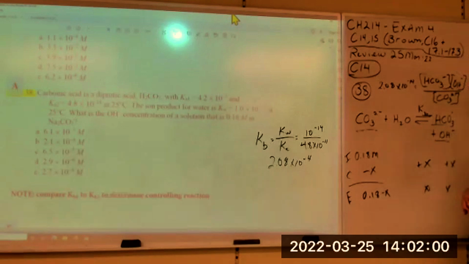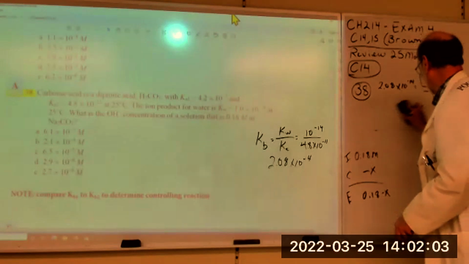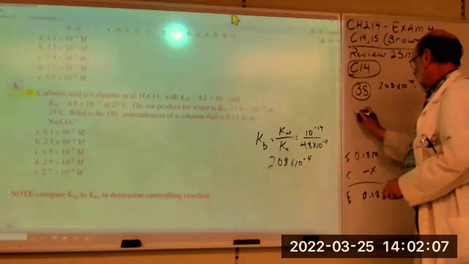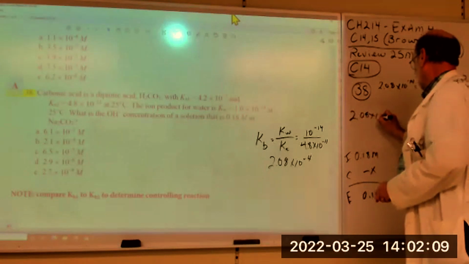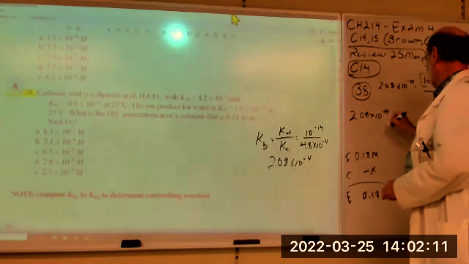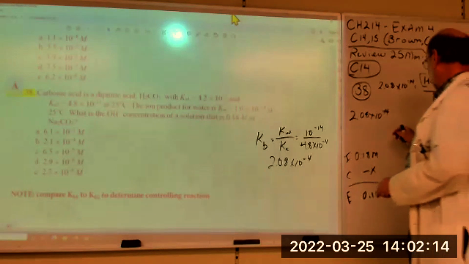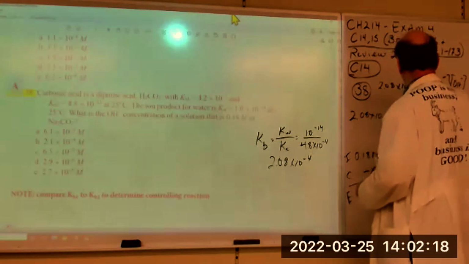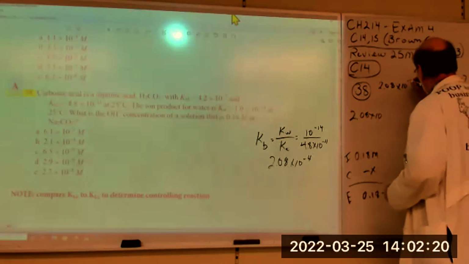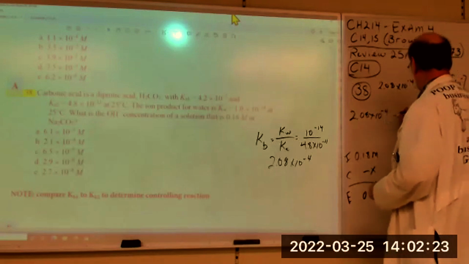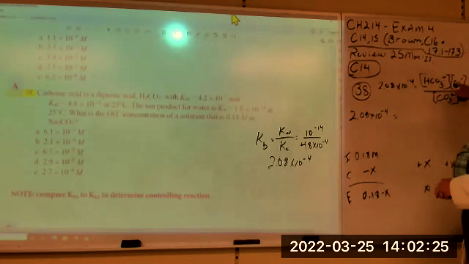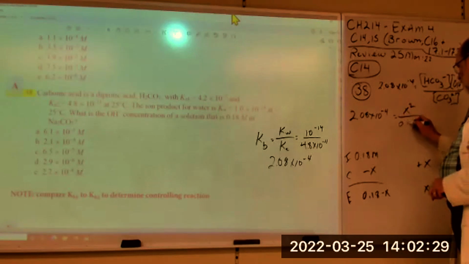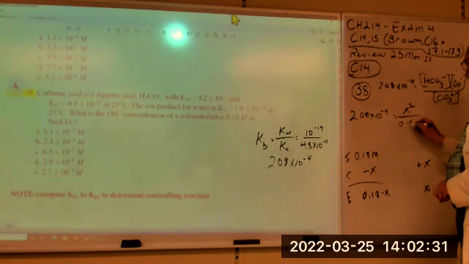There we go. Now that we got that, I have to keep erasing stuff. This is going to be X, this is going to be X, so that's X squared in the numerator, and then 0.18 minus X in the denominator.